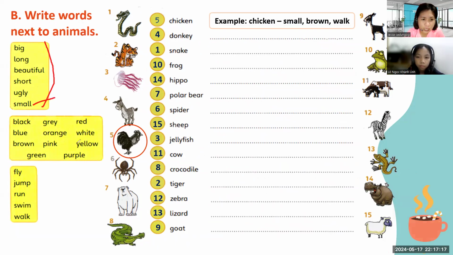Color is brown. There is a brown hair here. And what can the chicken do? It can walk. Choose one answer for each in the yellow one and write it here, okay? You understand? Okay, small, brown, walk. How about the donkey? Look at the donkey. Go, Lynn.